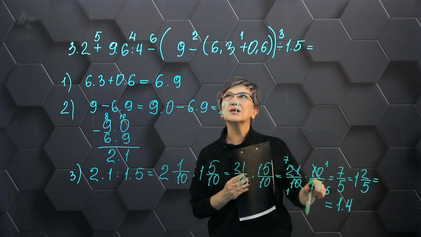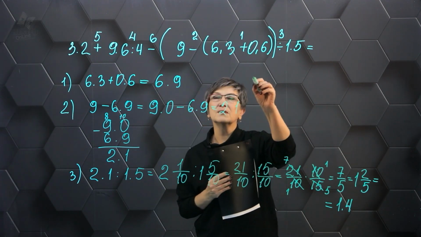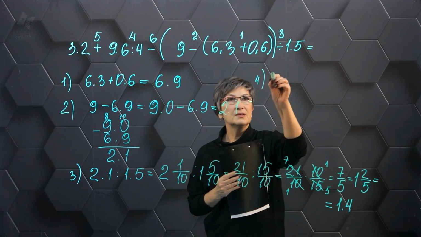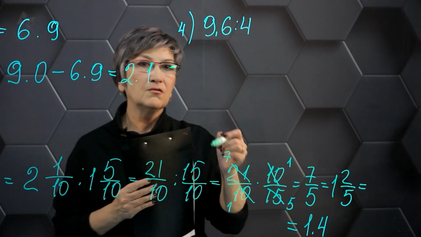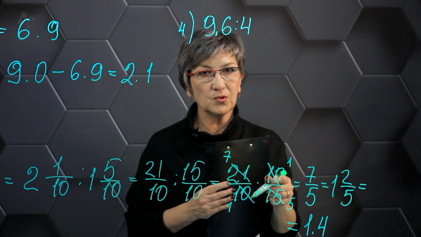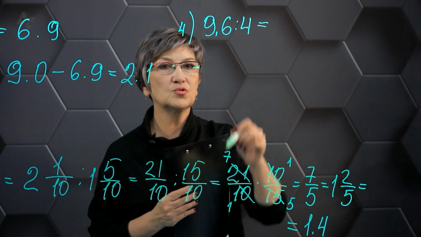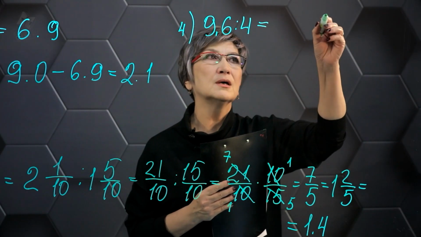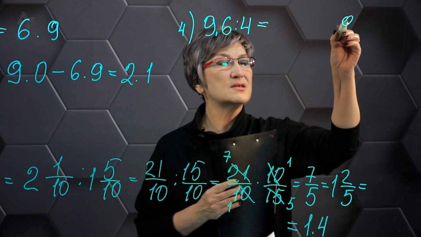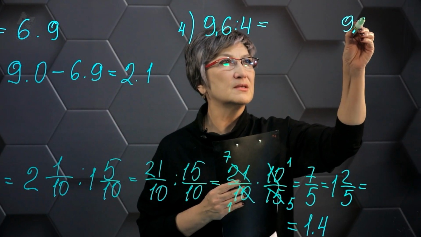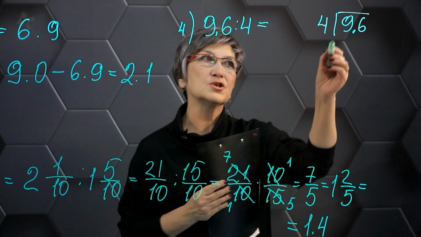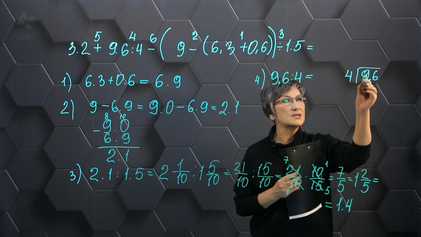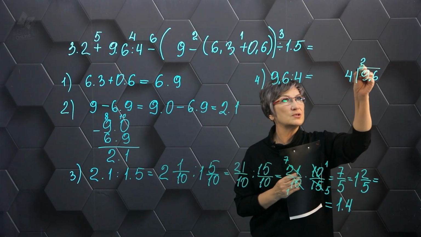Now the next action is the fourth action. I need to divide 9.6 by 4. In this case, you and I will still remember how to divide a decimal fraction by a number in a column. So 9.6 I'm dividing by 4. 9 divided by 4 is 2.